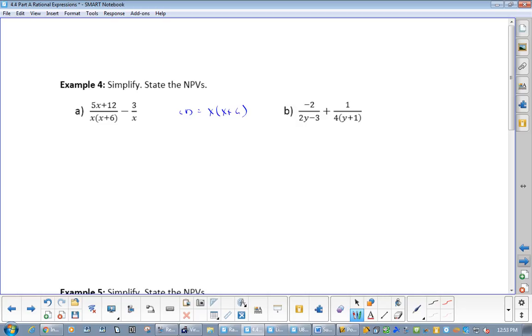Do you see how x times x plus 6 is in here, and x is in here? Okay? So then we want to do this step: x times x plus 6, x times x plus 6. What we're doing is making the fractions equivalent before we can add them.